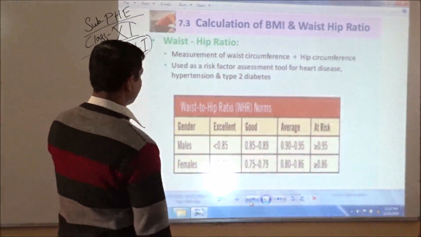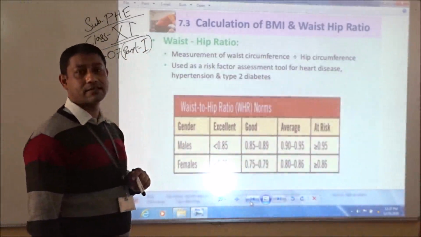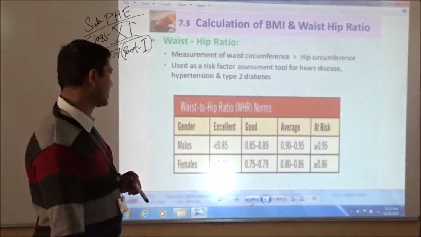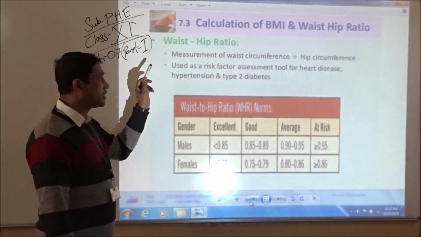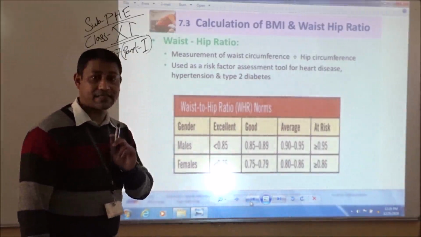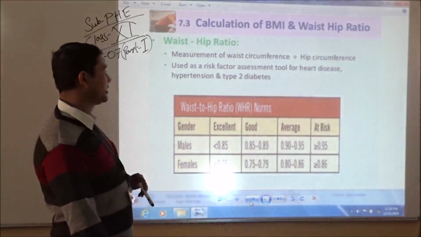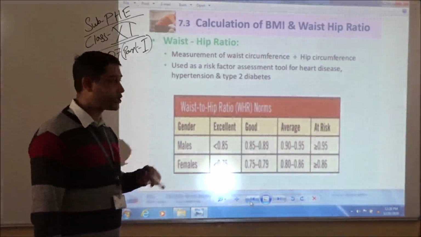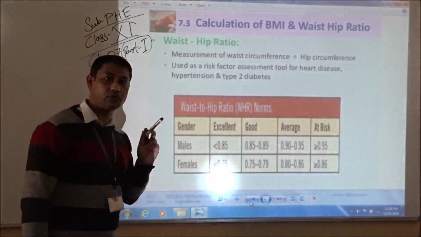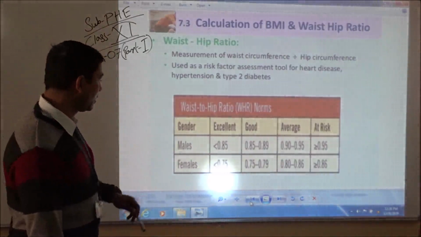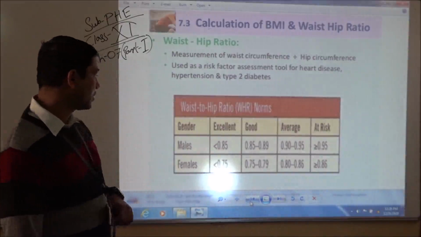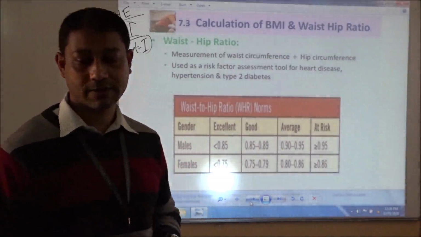So, measurement of waist circumference divided by hips circumference. It is used as a risk factor assessment tool for heart disease, hypertension and type 2 diabetes. So this is the chart, students, the waist-hip ratio norms.